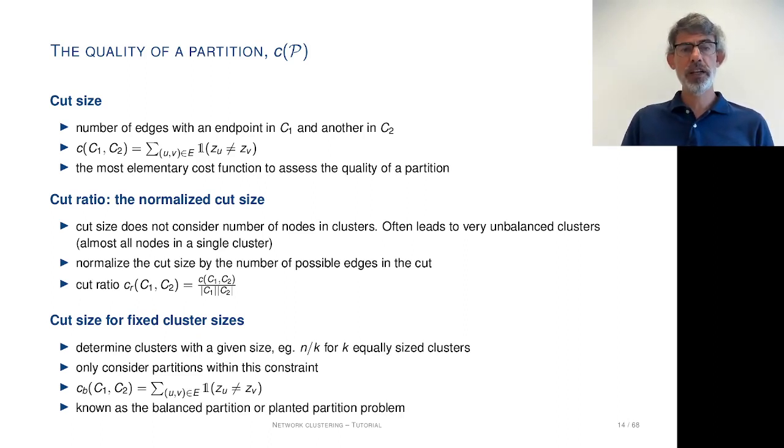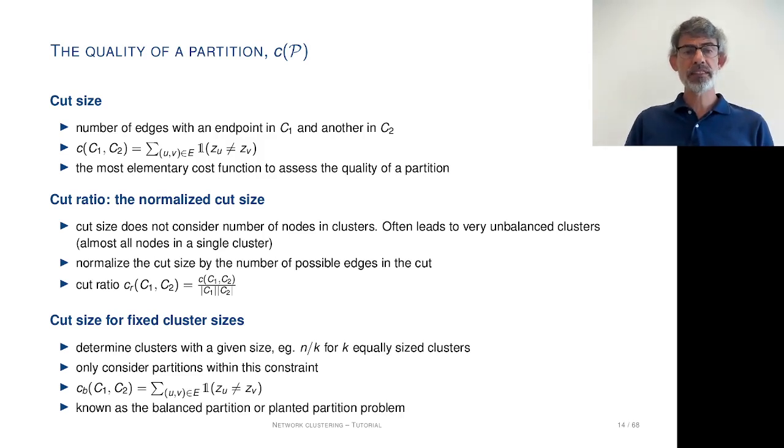So C of C1 and C2 is the sum over every edge uv of the indicator function Zu different than Zv. For every edge uv, I check its endpoints. If the endpoints are in different communities, if Zu is different than Zv, then I count this as a 1. So this is the most elementary cost function to assess the quality of a partition, as I said.